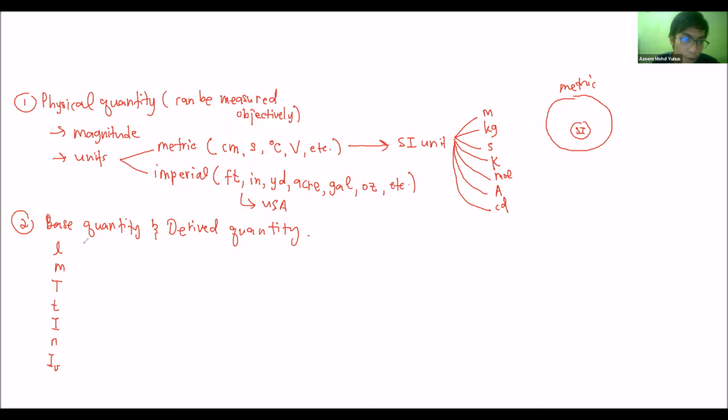Derived quantities come from base quantities, usually through multiplication or division.